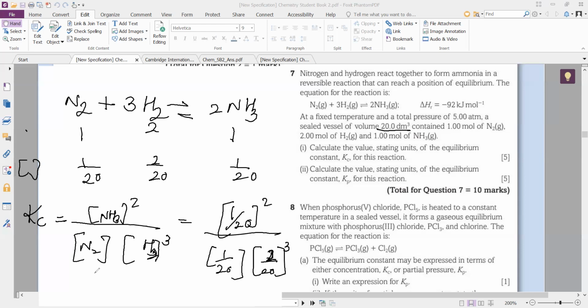So the Kc value is 1000, it seems, and the unit is mole minus 2 dm^6.